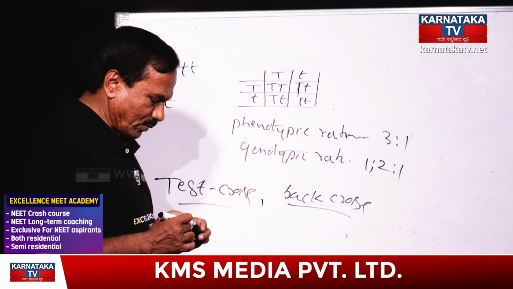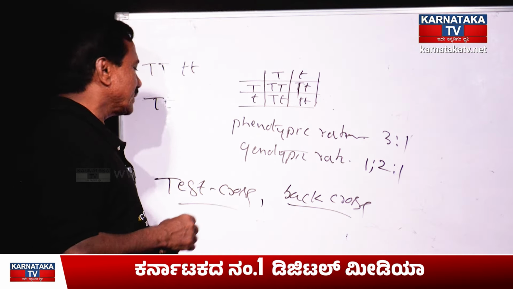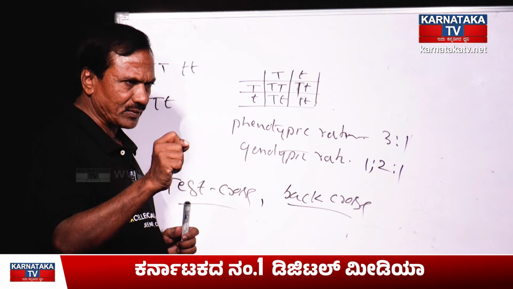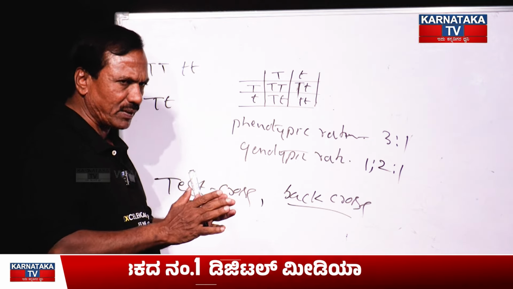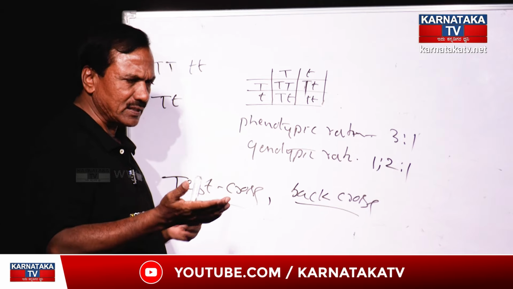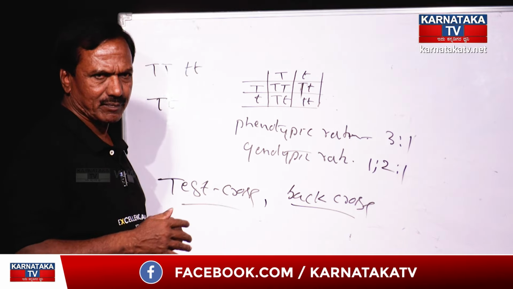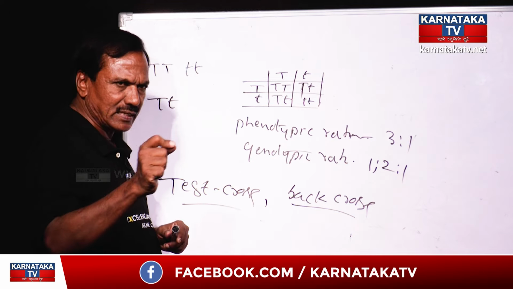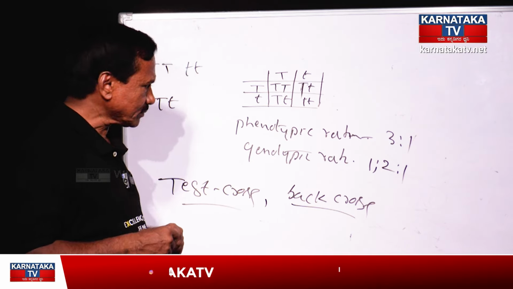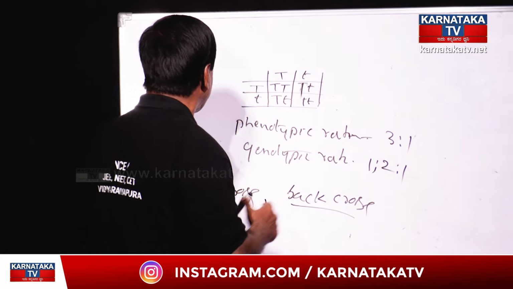What is the purpose of conducting a test cross? Significance of test cross: test cross is conducted to know the genotype of the F1 progeny, or you can say, an unknown tall plant. Then what is the test cross ratio of this one gene inheritance experiment?